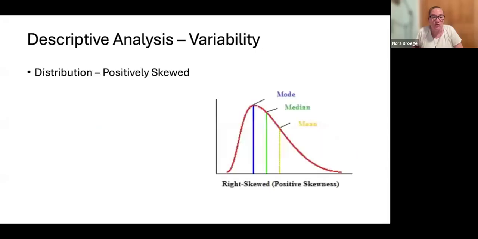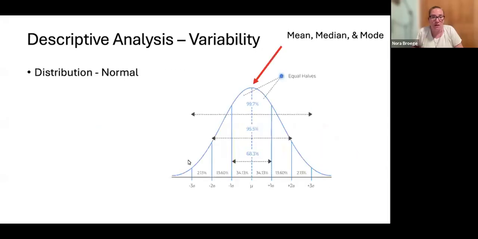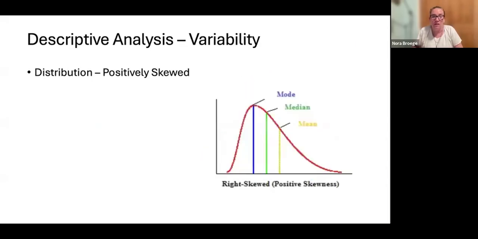What we just did is walk through distribution. So remember, here's your normal distribution, your mean, your median, and your mode are in the middle. Here's your skewed distribution. Here's your positive skew. When there's a high positive skew, the mean gets drawn up.